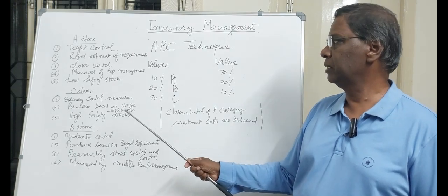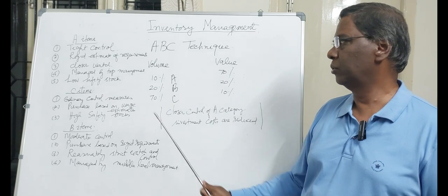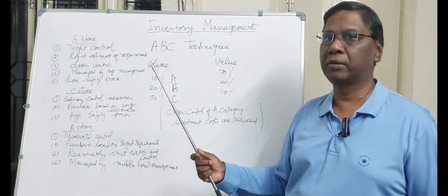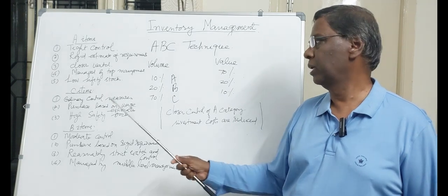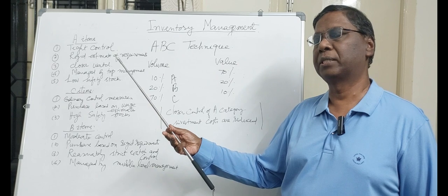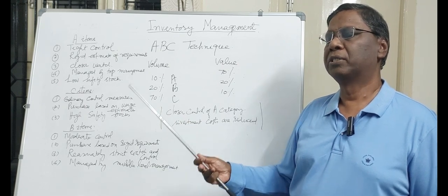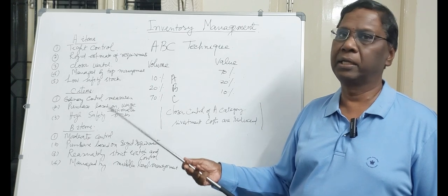Coming to C items, as I told you, 70 items cost only 10%. So ordinary control measures are enough. You do not have to take any extra caution. Purchase based on usage estimates: what you purchased last time, what you are going to get, how much will be sold, and you can make a rough estimate and order it.